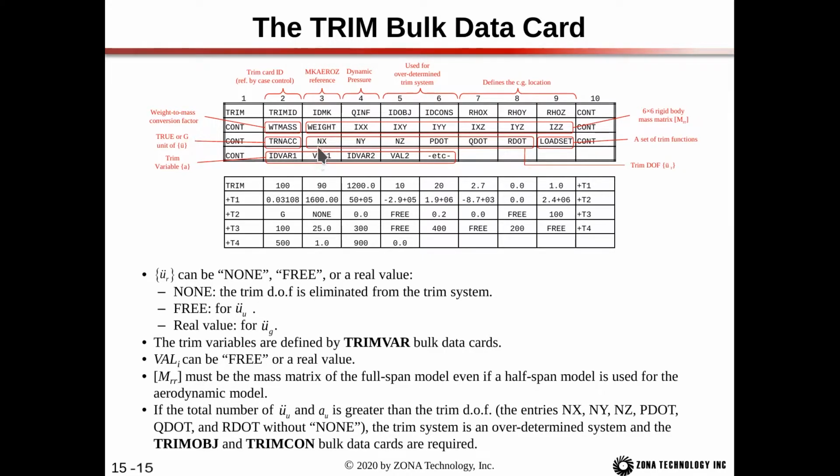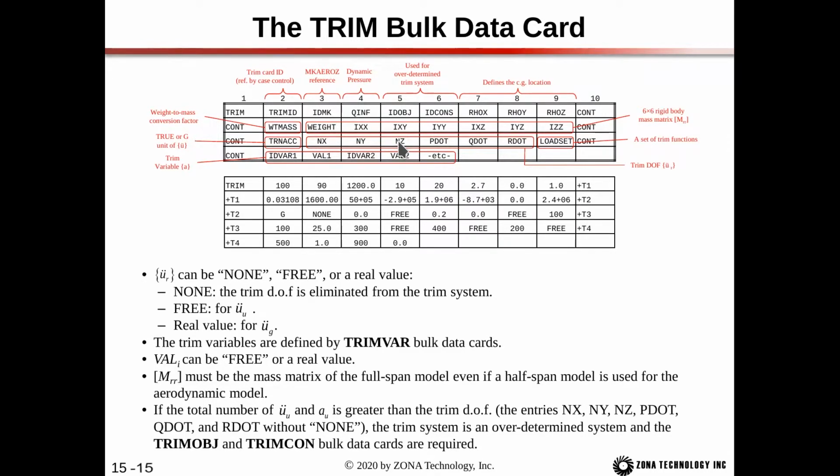The next row of the trim card, we define the trim degrees of freedom. So the TRN ACC is a flag, a character vector, which can either be true or G. So if it's G, our NX, NY, and NZ are in terms of G's.